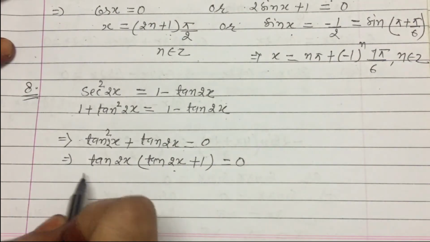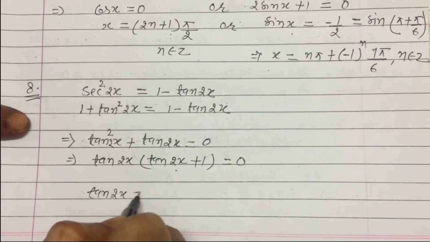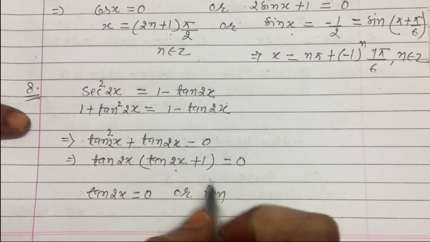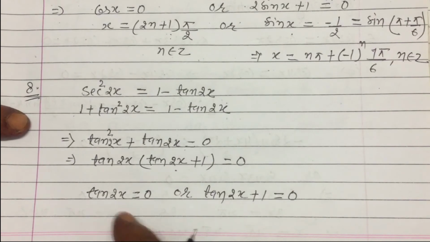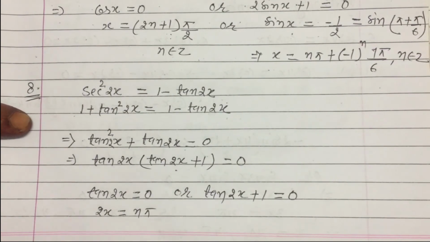There are two factors. First is tan 2x is equal to 0 or tan 2x plus 1 is equal to 0. From here you will get 2x is equal to n pi, and x is equal to n pi by 2 for n belongs to z.